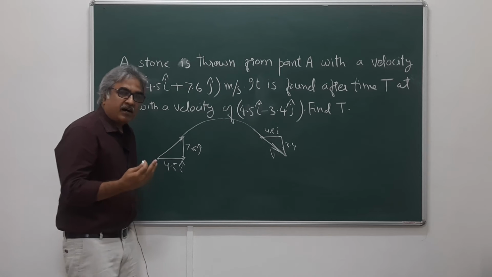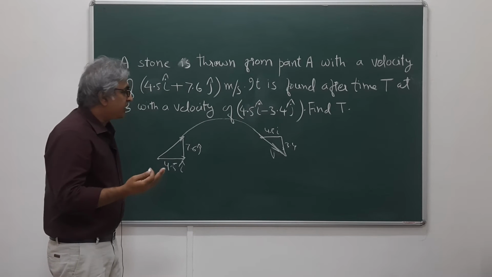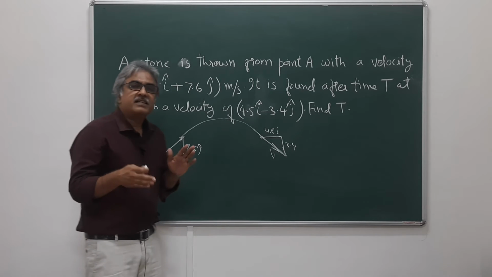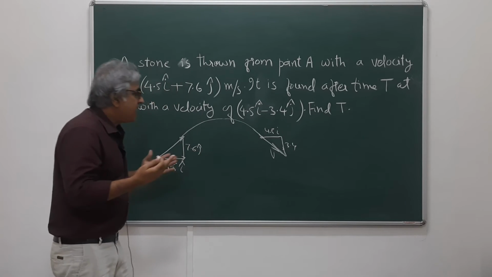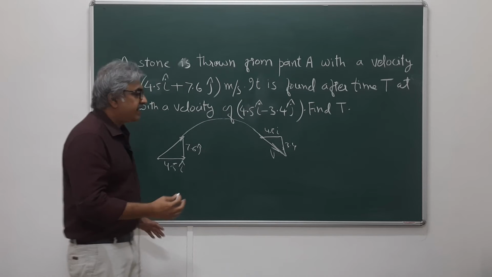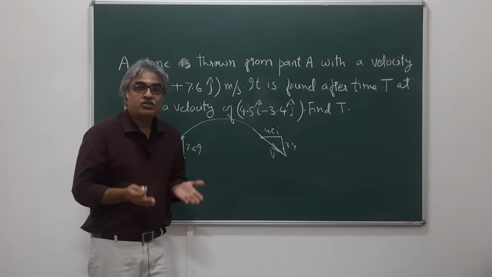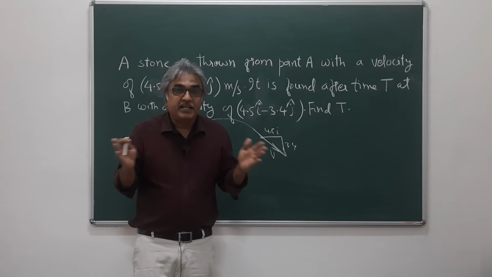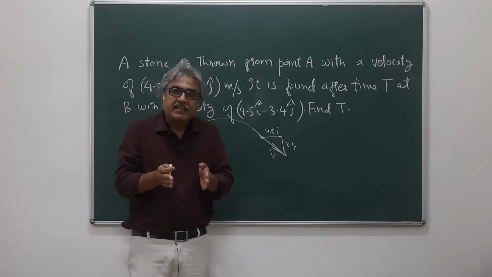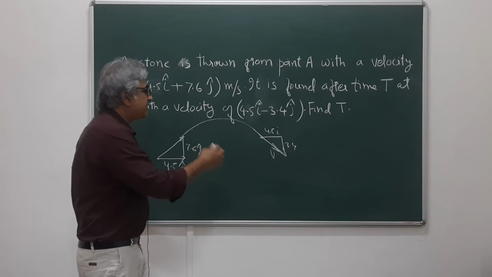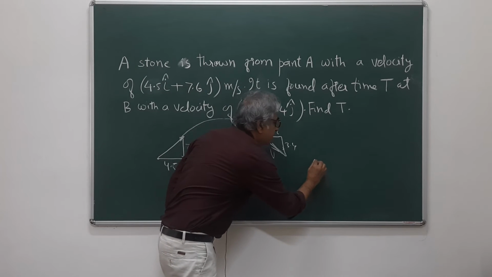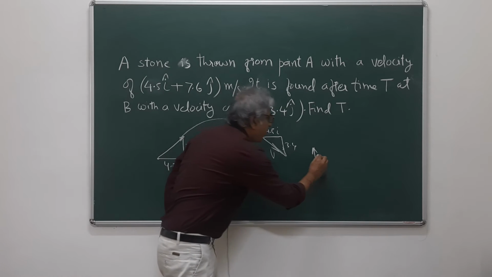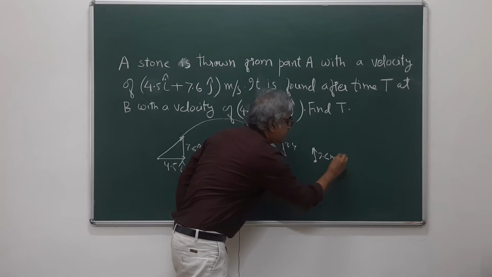Now see, we can immediately say, this is a change in velocity. If you want to find out, we can consider only vertical velocity. As we have explained, this can be treated as a problem where the stone is thrown vertically, because we can separate horizontal and vertical motion in a projectile. So we can imagine that this situation is similar to a stone being thrown vertically up with an initial velocity of 7.6 meters per second.